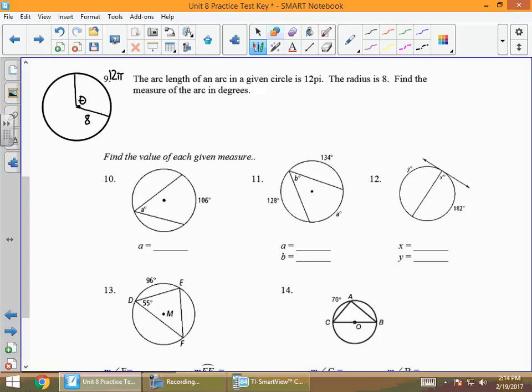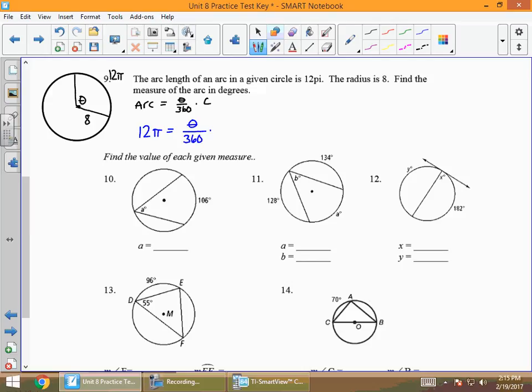So arc length is equal to the angle measure out of 360 times the circumference. Well, what is the circumference of this? First of all, the arc length I know is 12 pi. The angle is what I'm looking for.